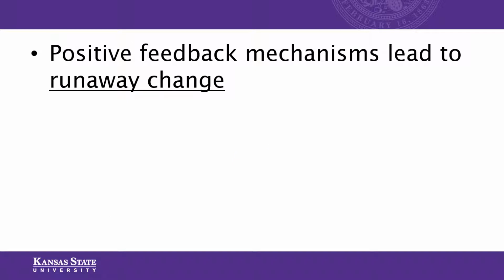Positive feedback mechanisms lead to what we refer to as runaway change. If such a loop continues for long enough, we could result in the entire earth being covered in ice or the entire earth having no ice and being in a situation of tropics.